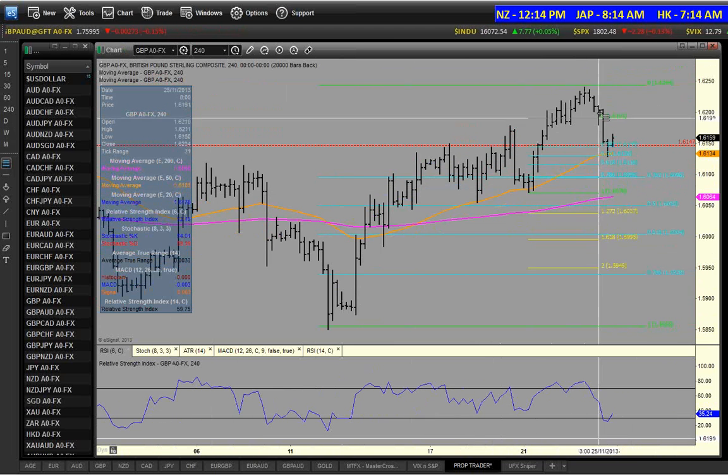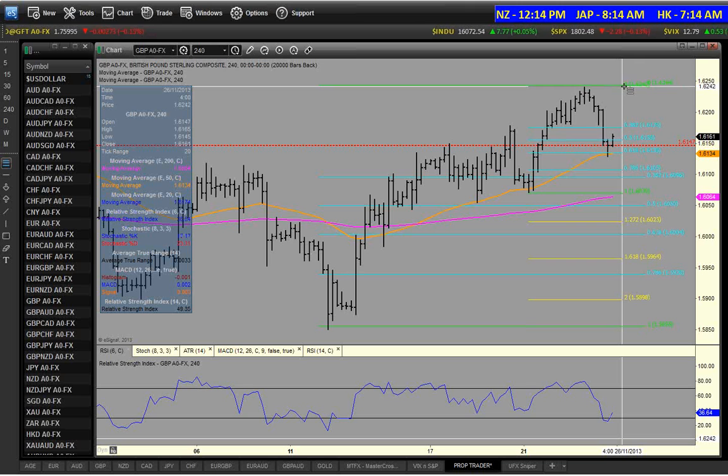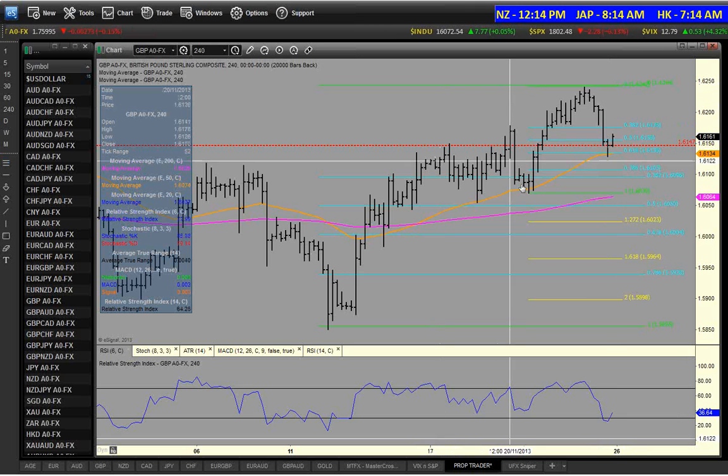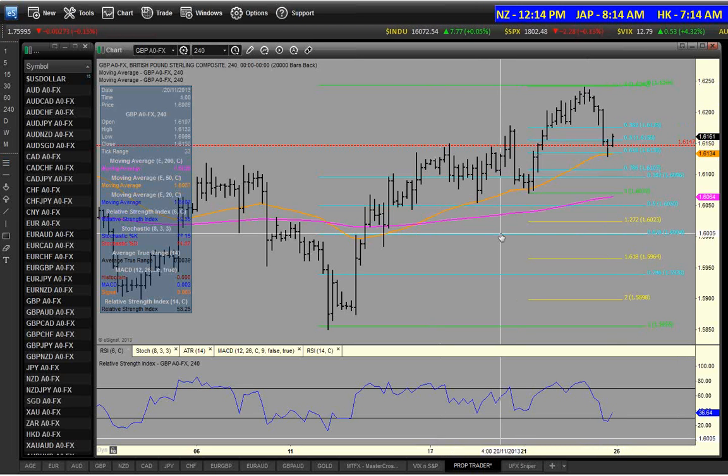Again, go through your checklist and see which one's the better setup, whether it's the pound or the euro.